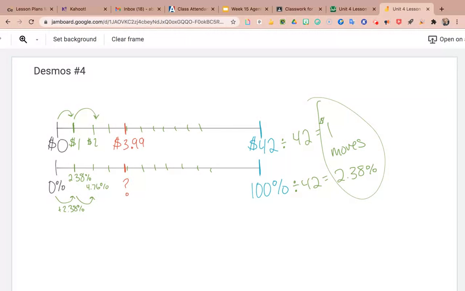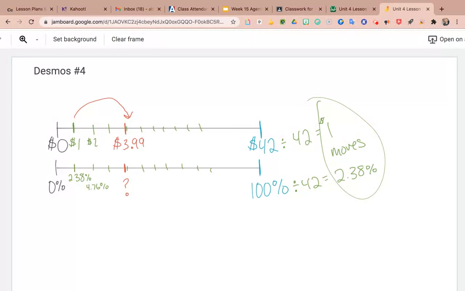So my question is, what can I do to get from $1 to $3.99? Well, I can add $1 plus $1 plus $1 plus 99 cents.